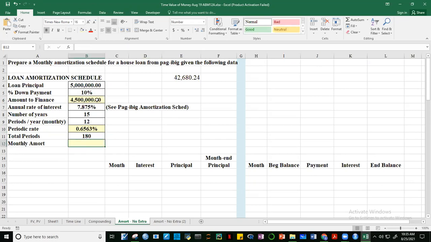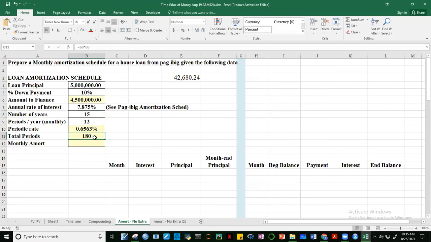So we have ang PV natin guys, this is our PV. Ito yung ilo-loan natin, 4.5 million. Magkano yung monthly interest rate? 0.6563% per month. Ilang months ang kailangan natin guys? 180 months. Kasi 15 years tayo eh. So these are the relevant figures sa atin.